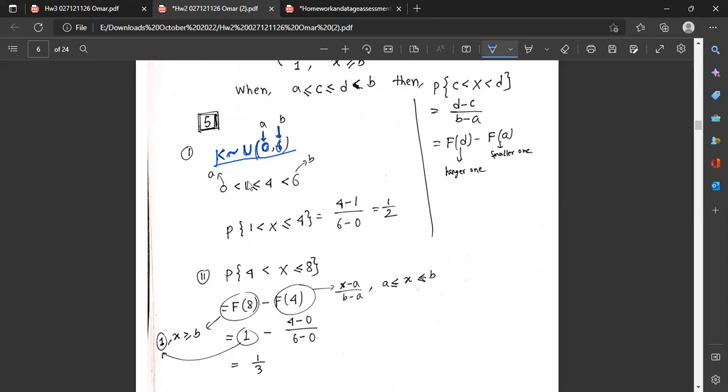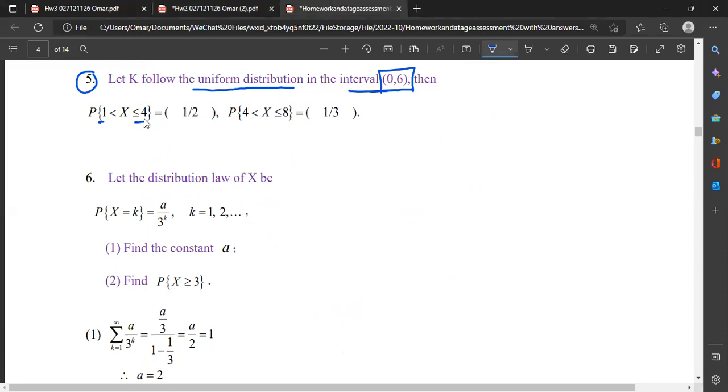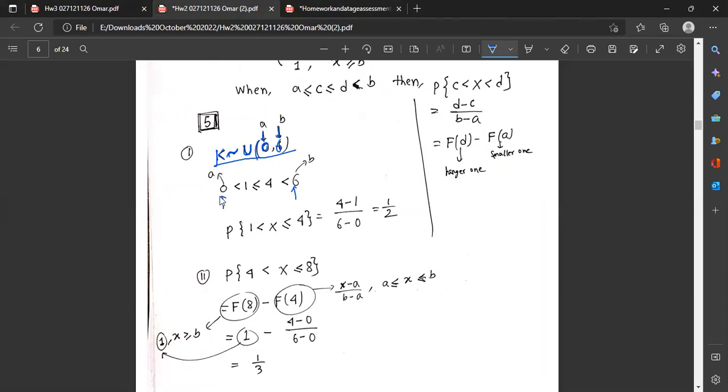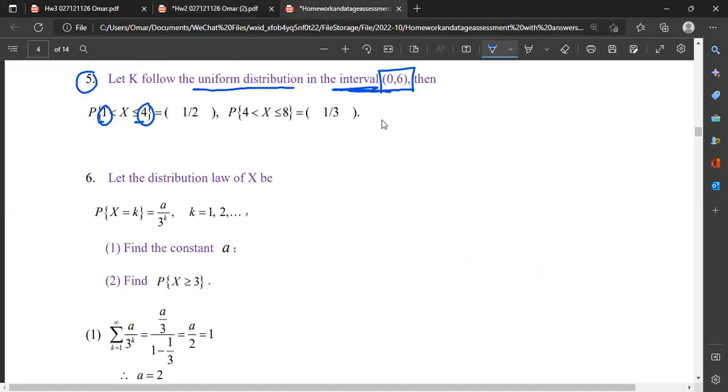If you see here, here is 0 and here is 6, right? So the given data here, 1 and 4, they are between our interval, right? Here the interval is 0 and 6. So let's say here is 6, and we have 1, 2, 3, 4, 5. Here we have to find the probability of X is greater than 1 and less than or equal to 4.